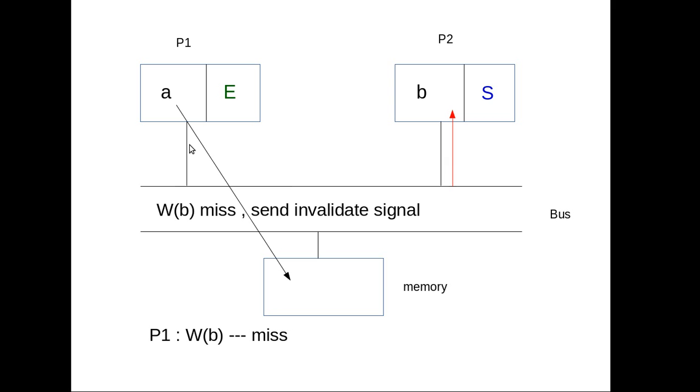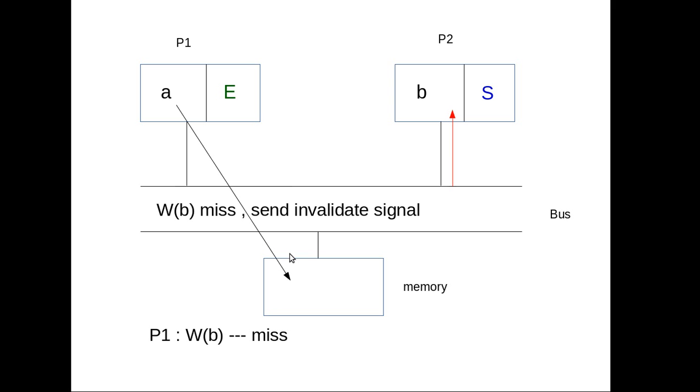Before that, actually A was present in exclusive state. To perform operation on B, we need to replace the cache completely. So before performing that, we just write back data into the memory, as the latest copy of A is with P1.